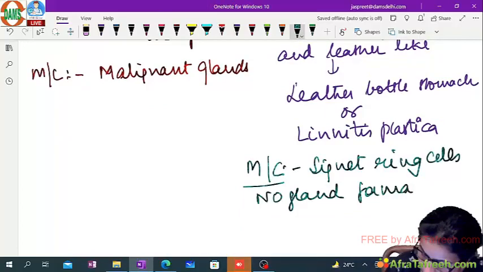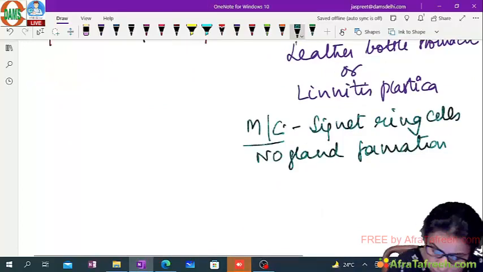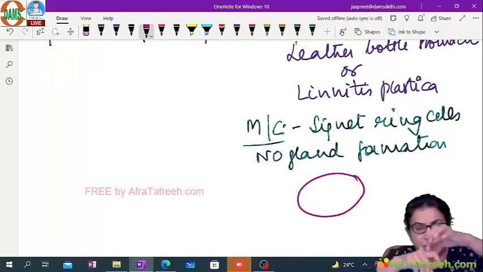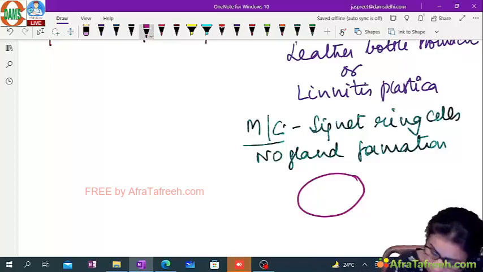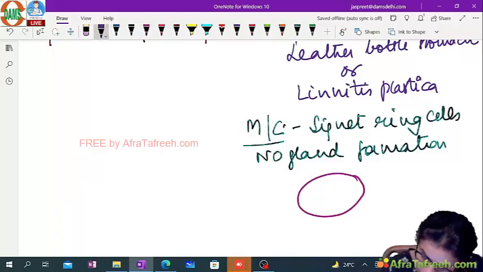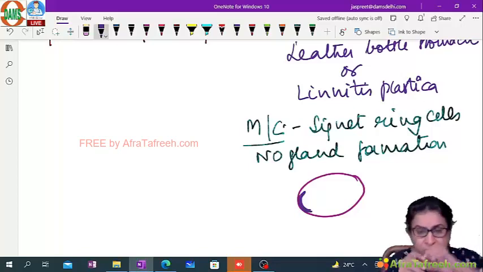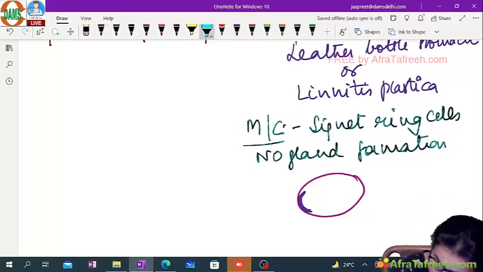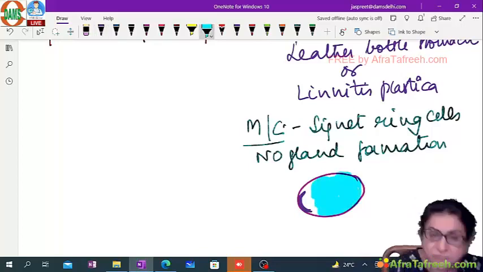Now, signet ring cells are malignant cells. What is the appearance of a signet ring cell? Think of a ring with a big stone in it. In a signet ring cell, the nucleus is stretched and pushed to one side by a blob of mucin in the cell.